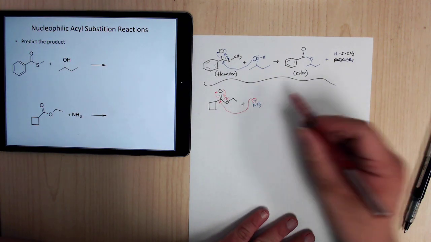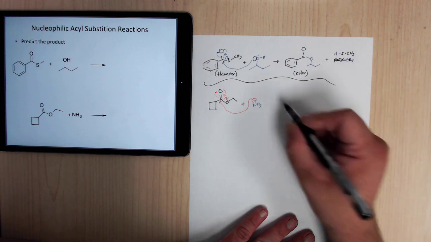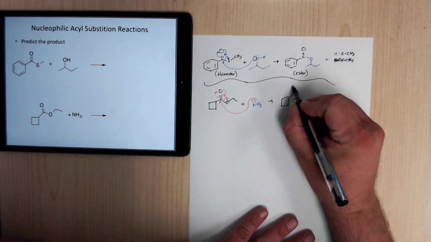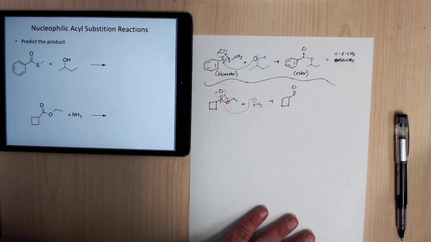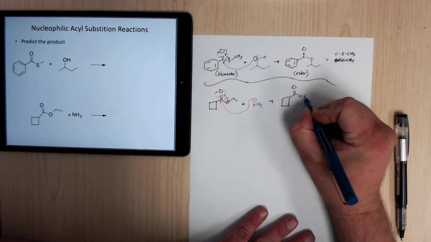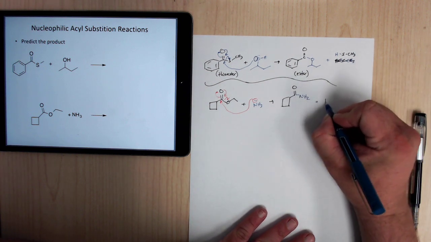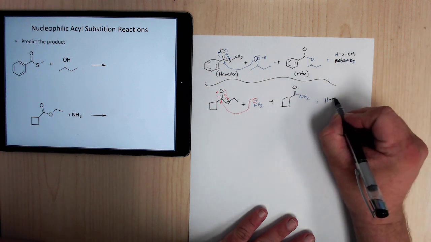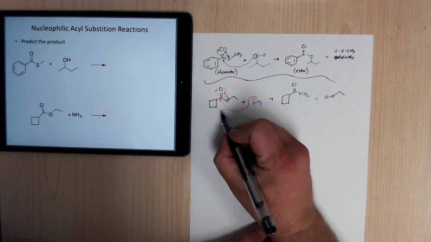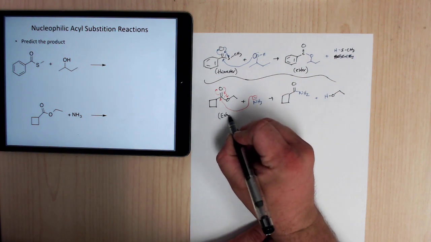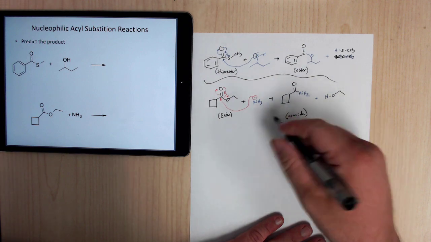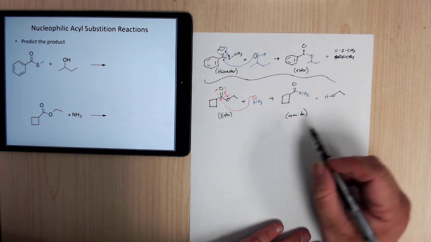As it's going away, it's going to snag one of the hydrogens, so you're going to end up with, like that. And again, we're going from ester to amide, and that's fine because amide is the most stable of these, so we're good.